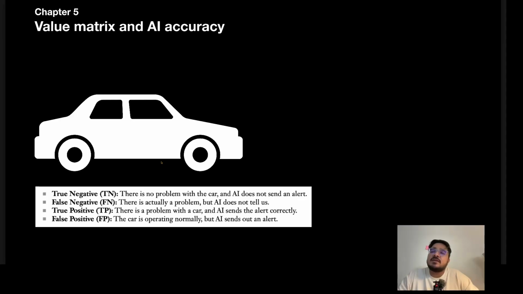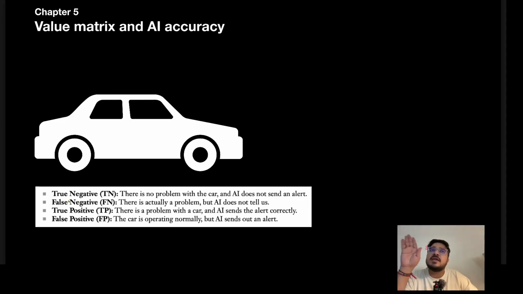It will predict and let the customers of the car company know these are the problems and these are the alerts they get. Now there could be four kinds of situations. AI could be giving a true negative: there is no problem with the car and AI does not send an alert.